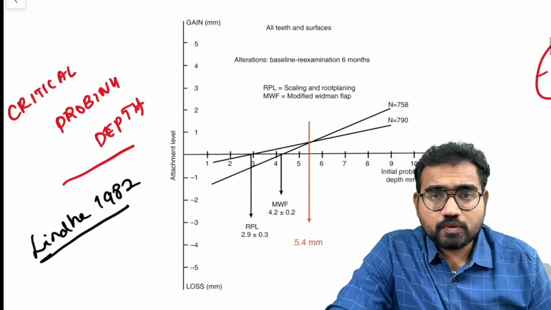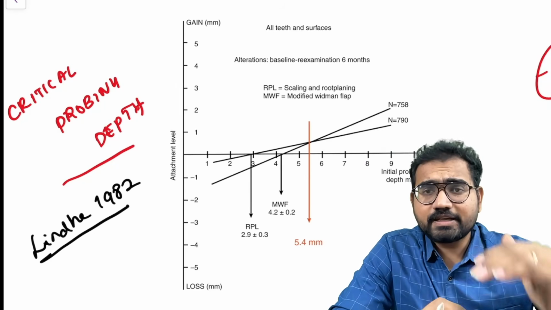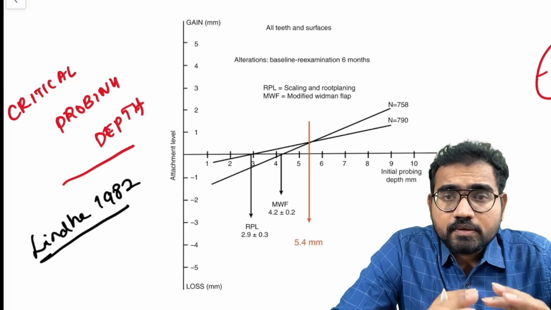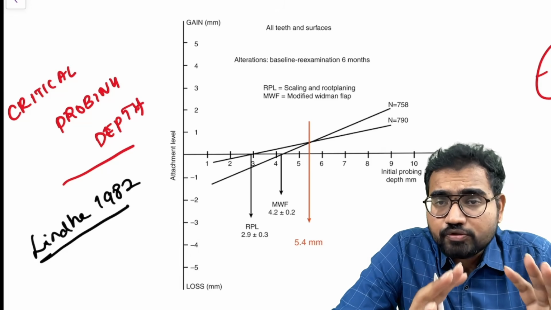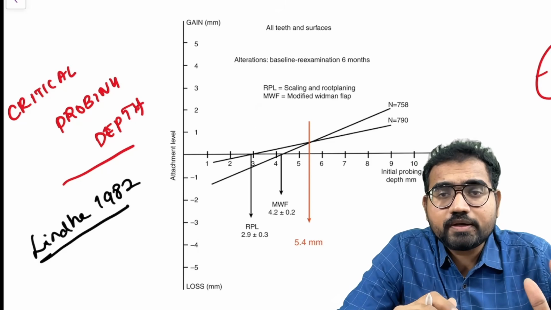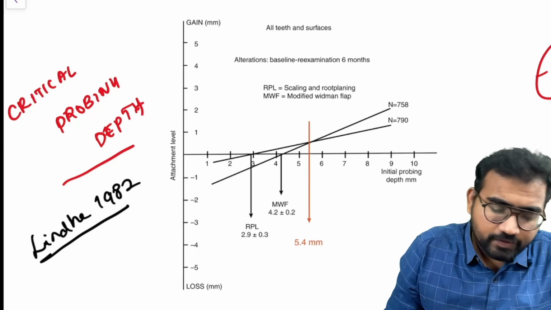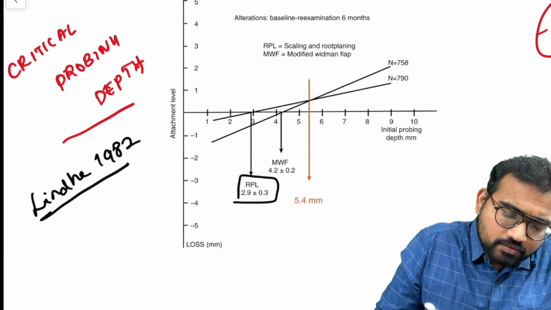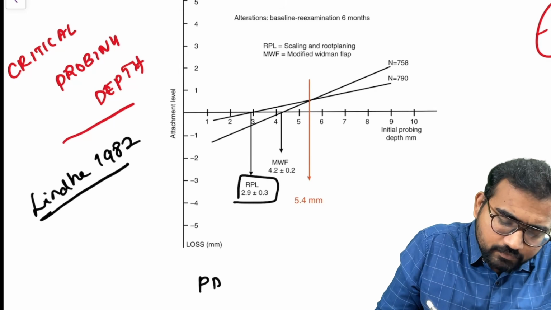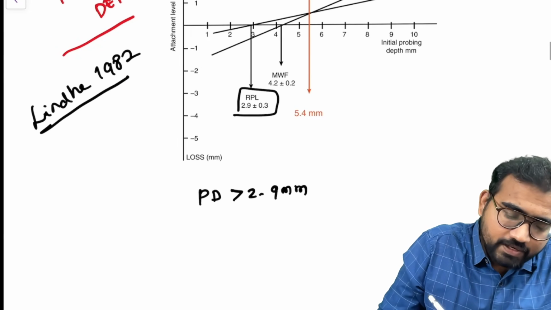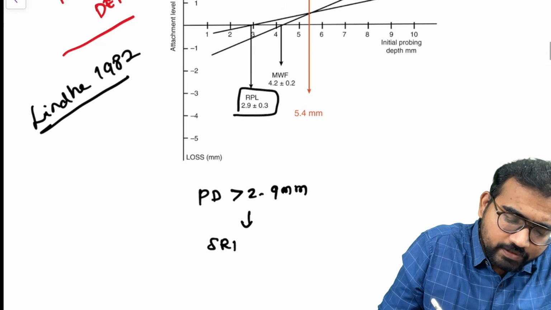What they proposed was they set up certain probing depth values, that it should be above this value to do a particular treatment, and if it is below, you can do another treatment or no treatment. Say for example, if the probing depth is more than 2.9 mm, then we can do scaling and root planing.